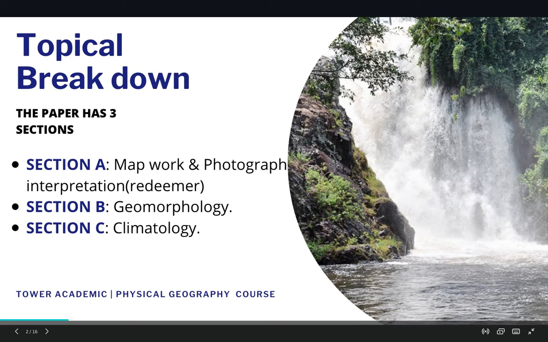Now, section A is basically map work and photo interpretation. These two are what we call the redeemer, because this is where we can get all the 25 marks. Each question is marked out of 25. So all this is compulsory.